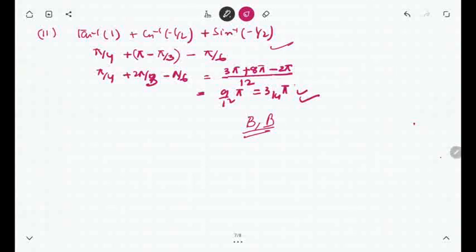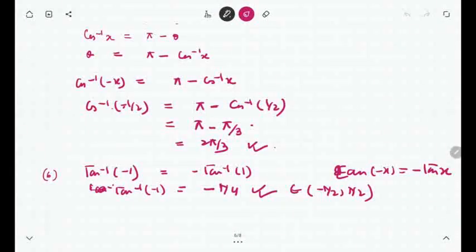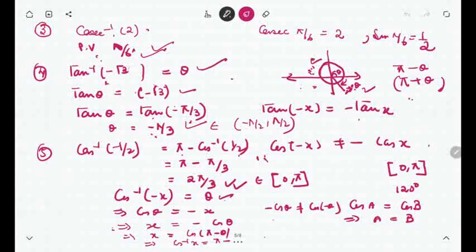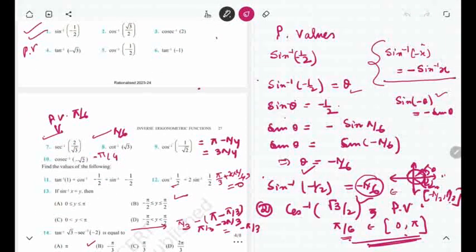Let us check again once whether we have tried all the questions. 3, 4, 5, 6 continuously we have done. Then 7th, 8th, 9th we have done. 10th we have got. 11th we have done there. 12th, how come this is 0? No, this is not 0. This will be plus of this.